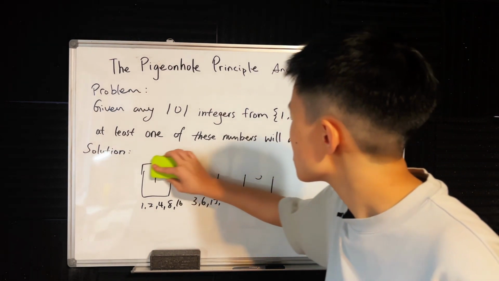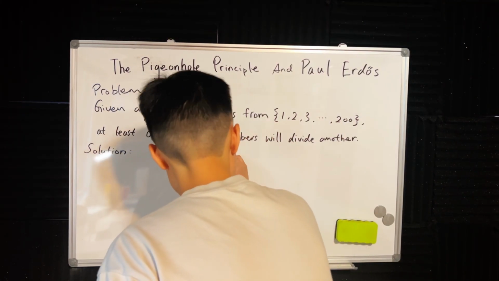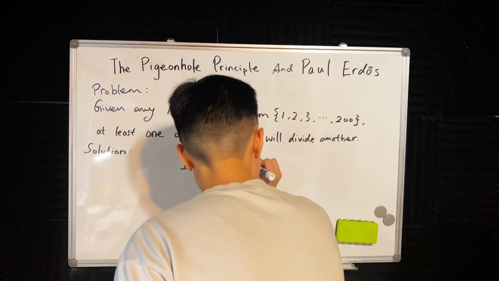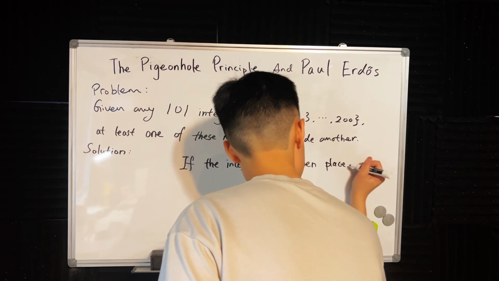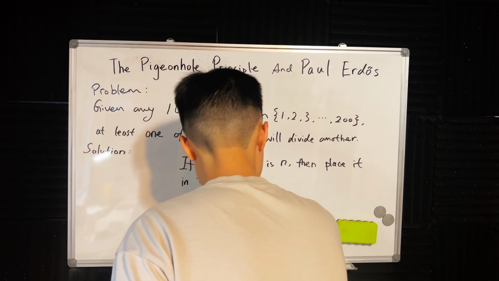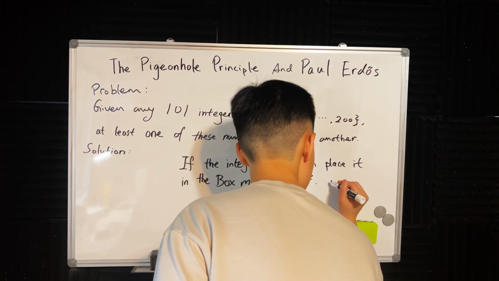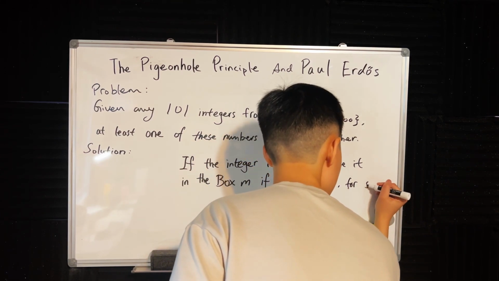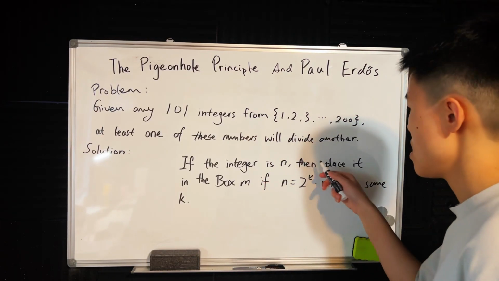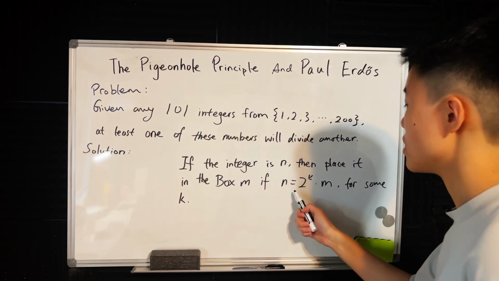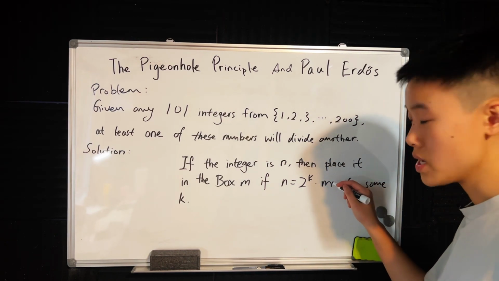So in a more formal sense, we can assume that if the integer is n, then place it in the box m if n equals 2 to the k times m for some k, where m is an odd number.